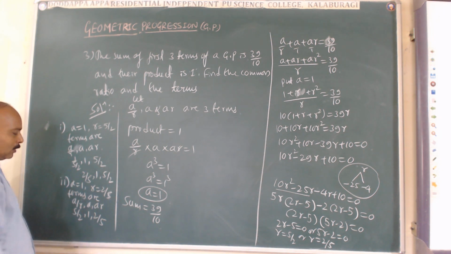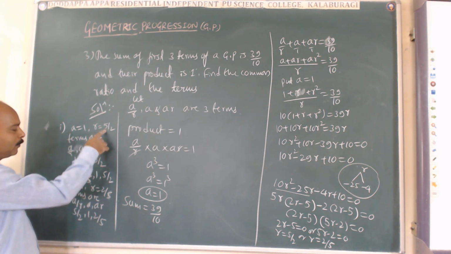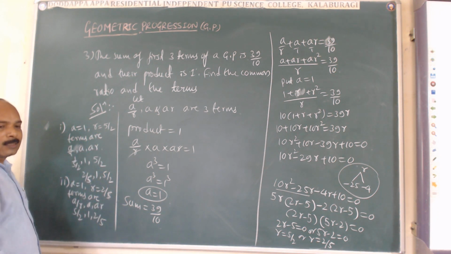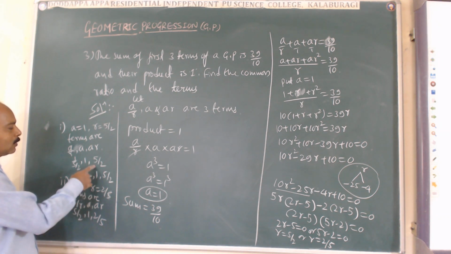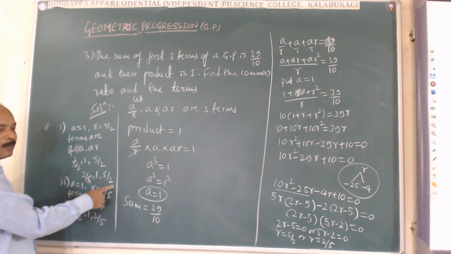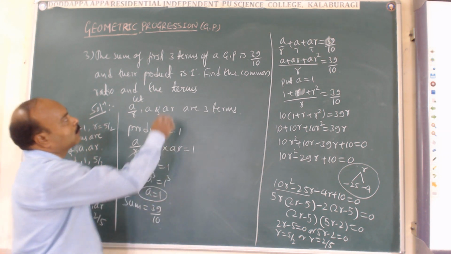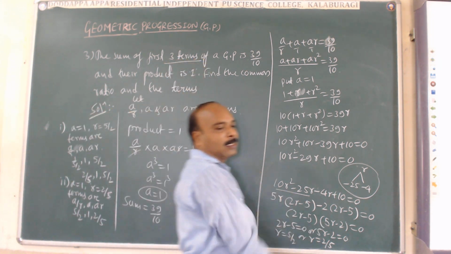These are three terms. We must write two answers for this one, by taking r first time 5 by 2 and by taking r as 2 by 5 we get two answers. Therefore the answer is 2 by 5, 1, 5 by 2 or 5 by 2, 1, 2 by 5. These are the three terms according to the given condition.